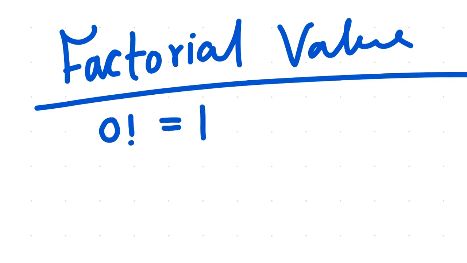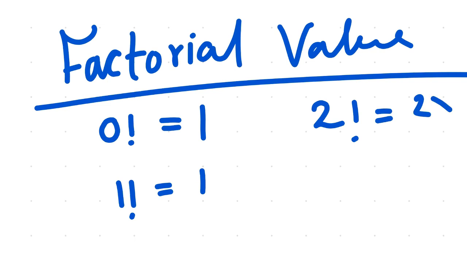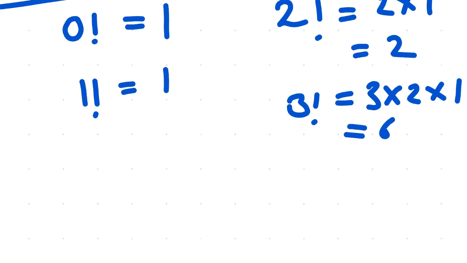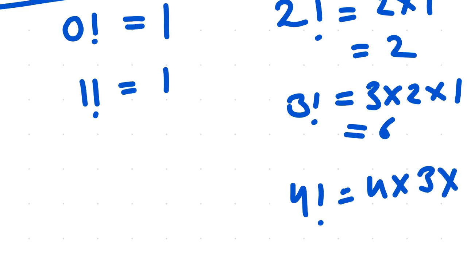Factorial 1 is equal to 1. Factorial 2, you can find, 2 into 1 is equal to 2. Factorial 3, 3 into 2 into 1, that means 6. Similarly, you can find the factorial value for any other value, like factorial 4 is 4 into 3 into 2 into 1, which is 24.